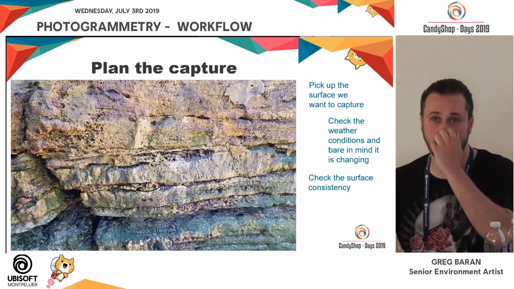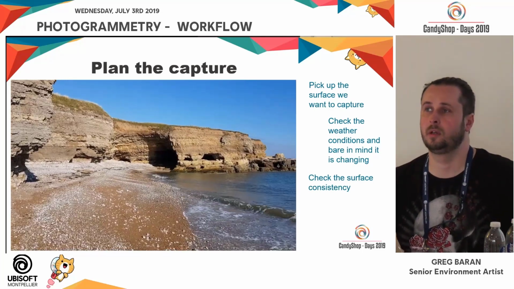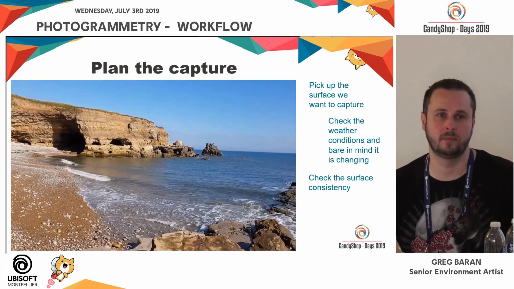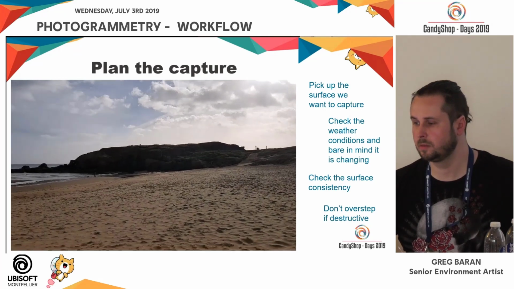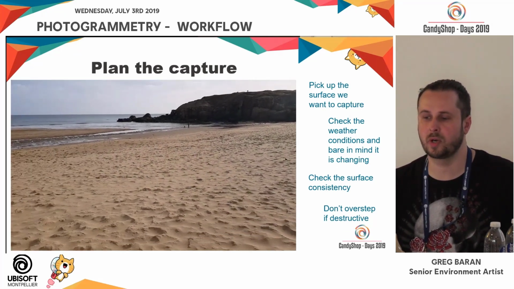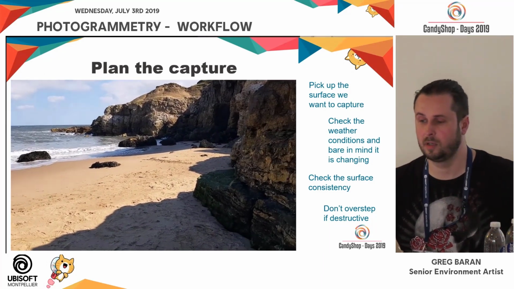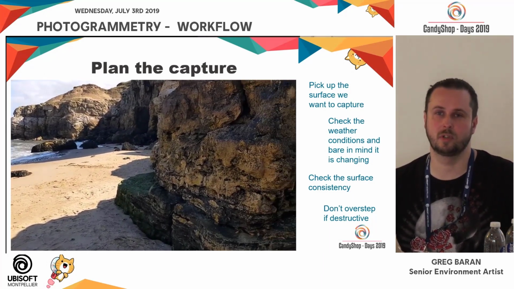We need to check the surface consistency because it's always better to capture something which is easy to tile. And we need to be sure when we are walking around we are not destroying surfaces. So when we want to shoot sand, it's easy to destroy the surface we want to capture by accident.